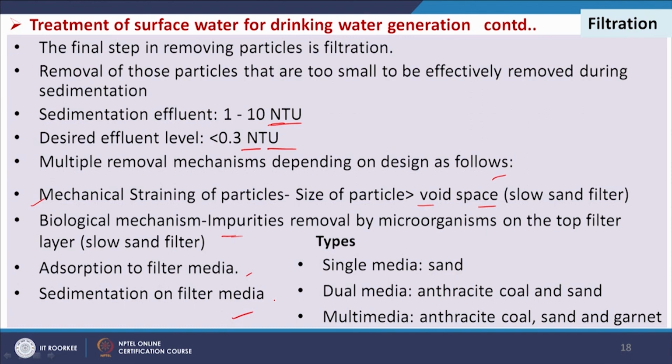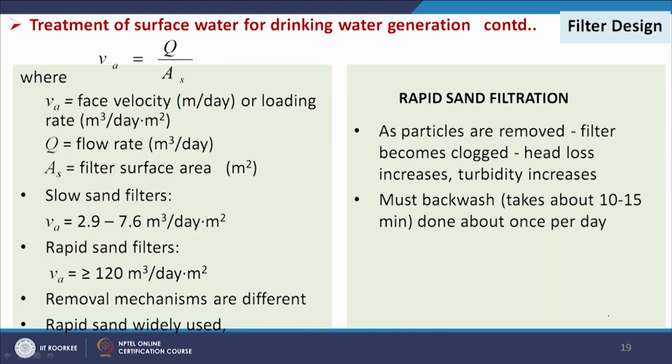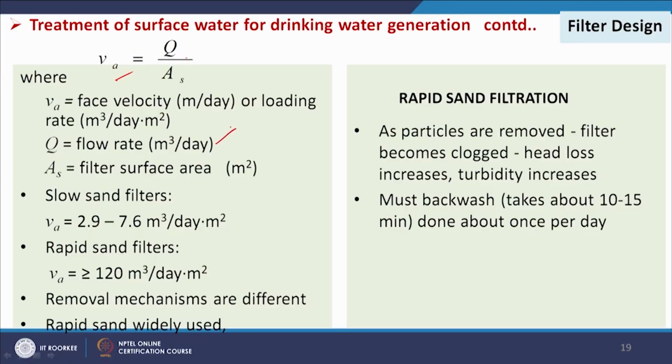And then this type of filter may be a single media filter like sand, dual media with anthracite coal and sand, and multimedia with anthracite coal, sand and garnet. And here again we have V A equal to Q by A, the phase velocity, where Q is the flow rate and A is the filter surface area.